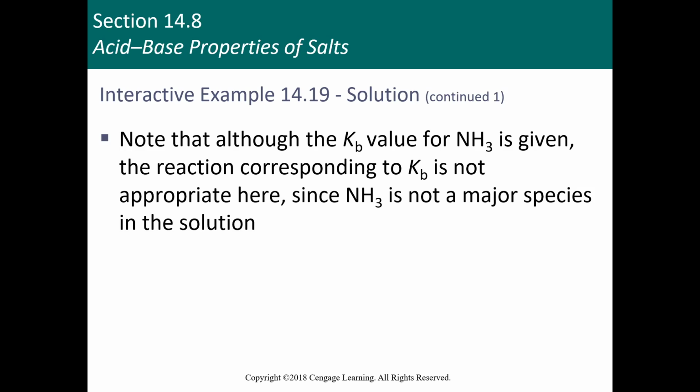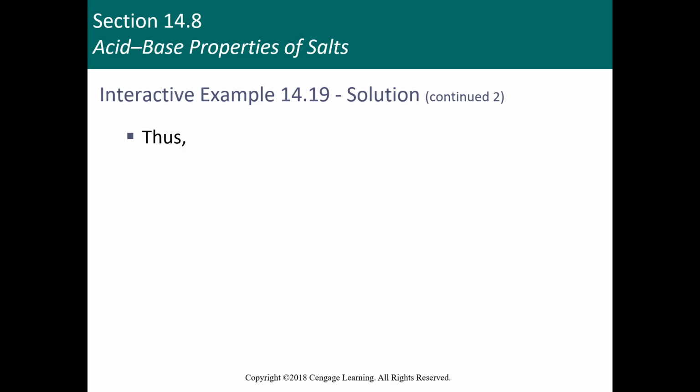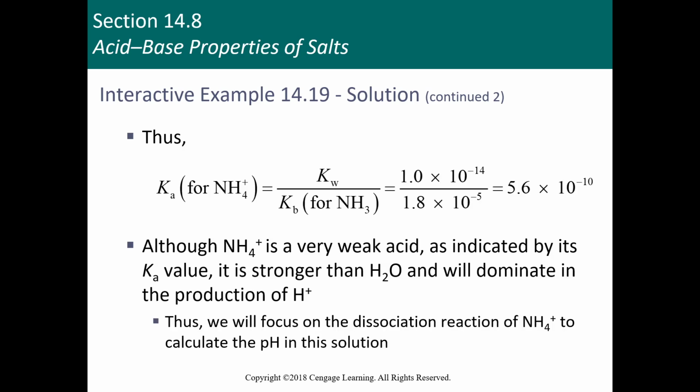Now we have been given the Kb value for the NH3, so you're going to do what you did before: take Kw divided by Kb, and that will give you the Ka for NH4 plus.